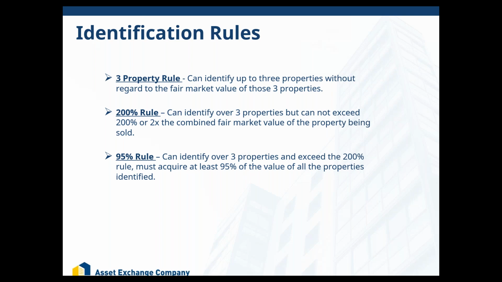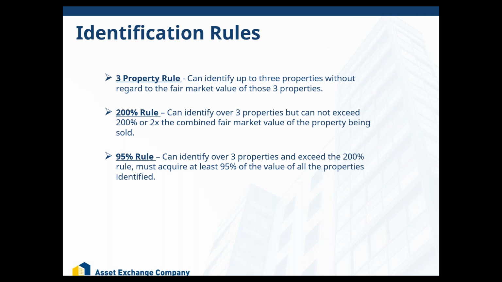Now, hey, if you want to identify more than 3 properties, you can do that with a 1031 exchange, but it's going to put you into this next rule. It's referred to as the 200% rule. The 200% rule states this: you can identify over 3 properties, but you cannot exceed 200% or 2 times the combined fair market value of the property being sold.